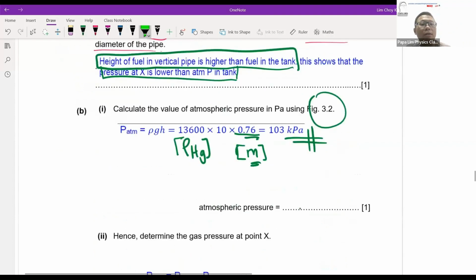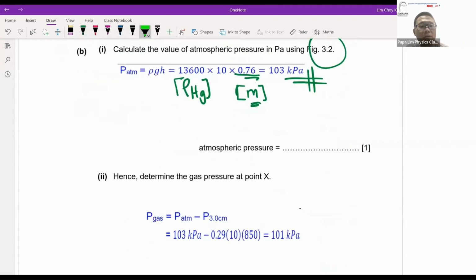So in a nutshell, your atmospheric pressure consists of the pressure of the fuel itself plus the pressure at X, which is what we call your gas. I will use it for gas at X. So if you rearrange, you will find that the gas pressure will be the atmospheric pressure minus the pressure of the fuel. And how long is the fuel?